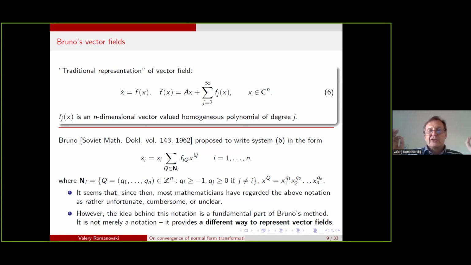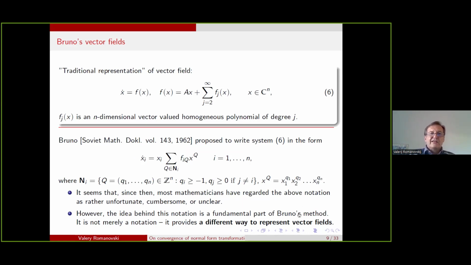So you have the same object, a point on the plane, but you have two different ways to represent or describe this point. In my opinion, this is a very nice analogy. So here we have a very similar situation.